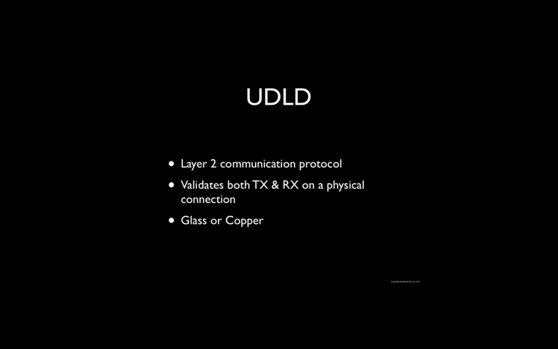UDLD can work over glass and copper, but there's more use for it over fiber optic links, obviously, because there are physical level characteristics that allow copper to go to a down state in the event of a loss of transmission. So it's less likely to see a UDLD event fire on a copper interface than on a fiber interface, but it is supported on both fiber and copper.